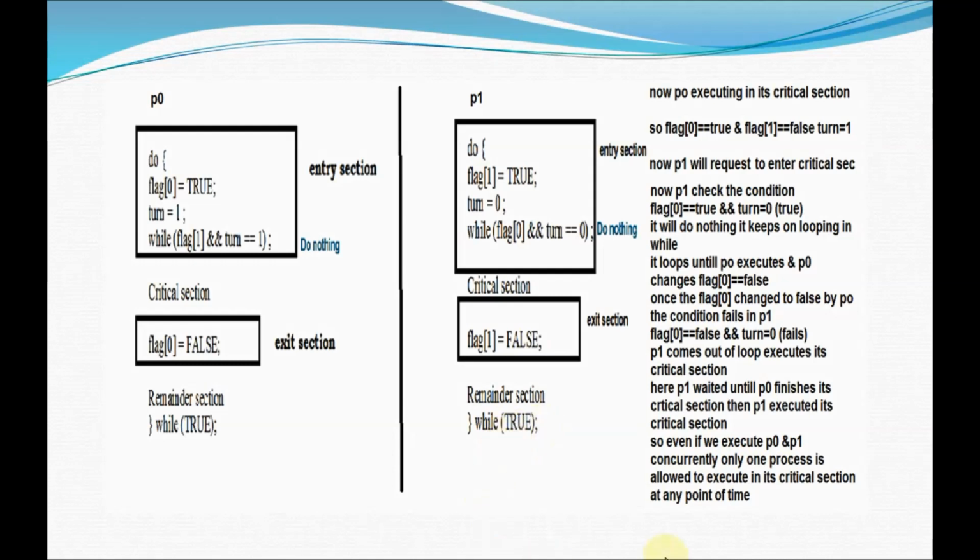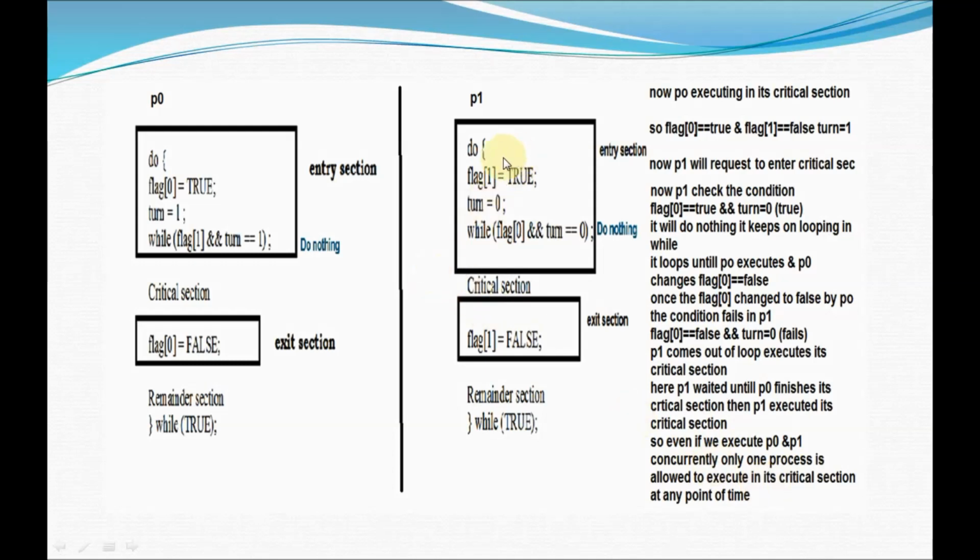Understanding, guys? So here you can see P1 waited until P0 finished its critical section, then P1 executed its critical section. So what does it imply? Even if we execute P0 and P1 concurrently, only one process is allowed to execute in its critical section at any point of time.